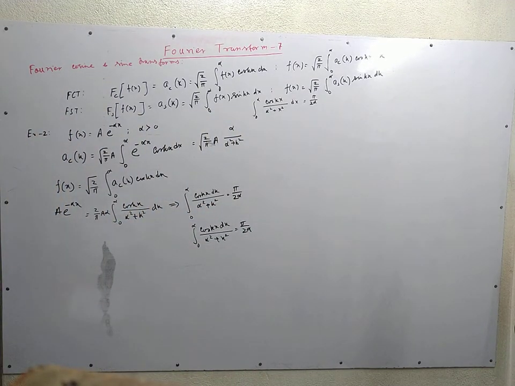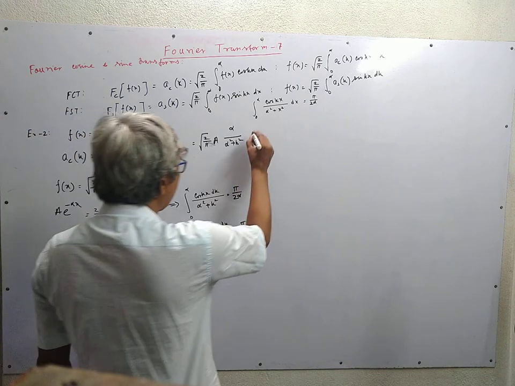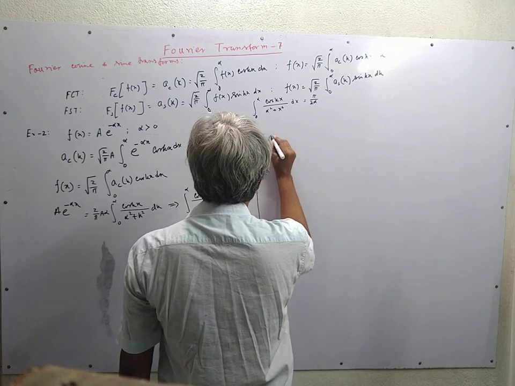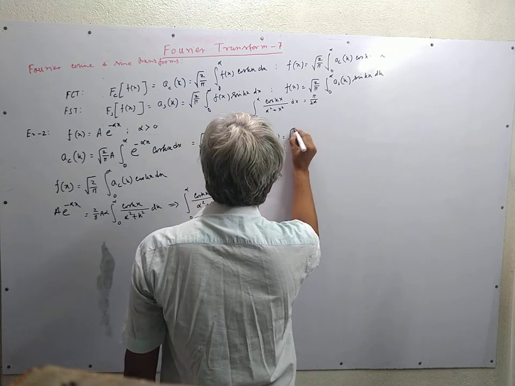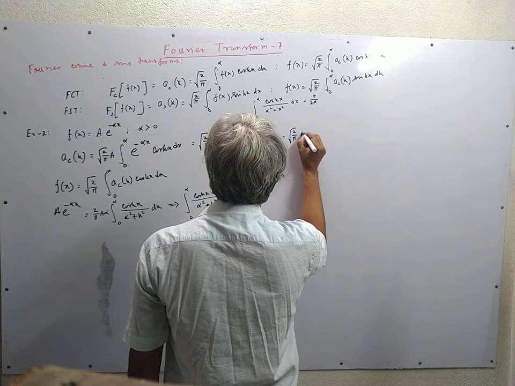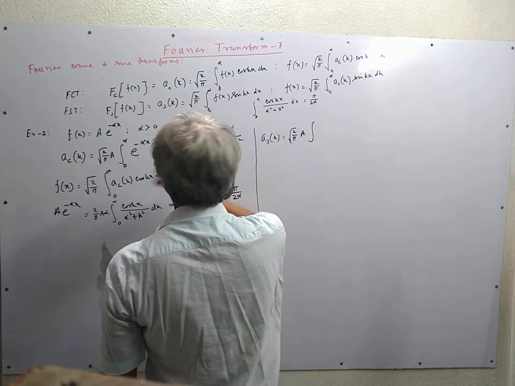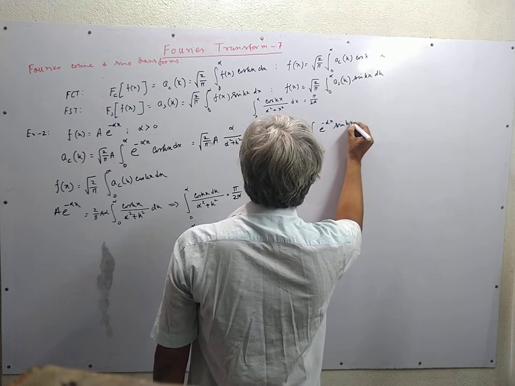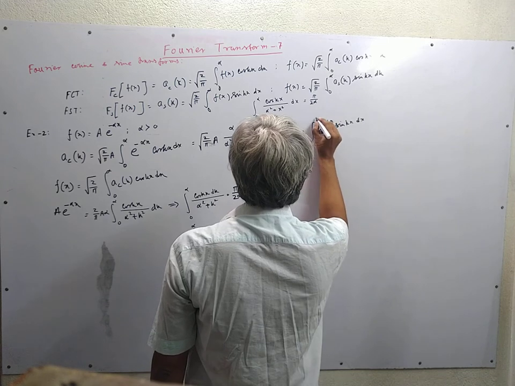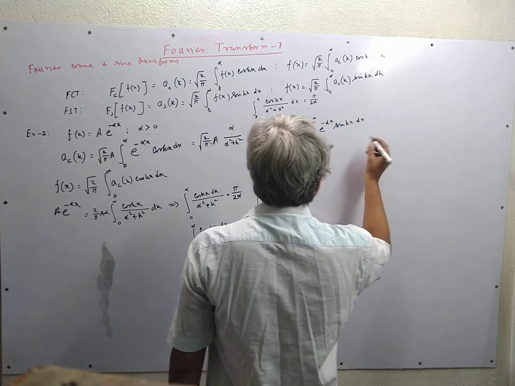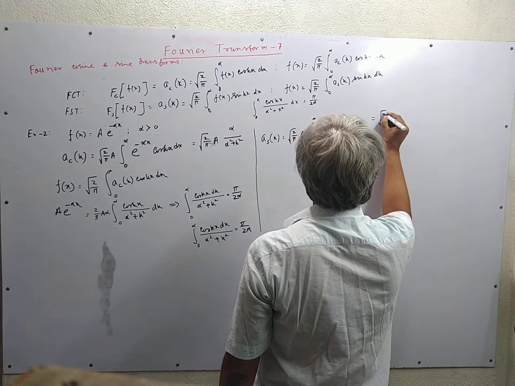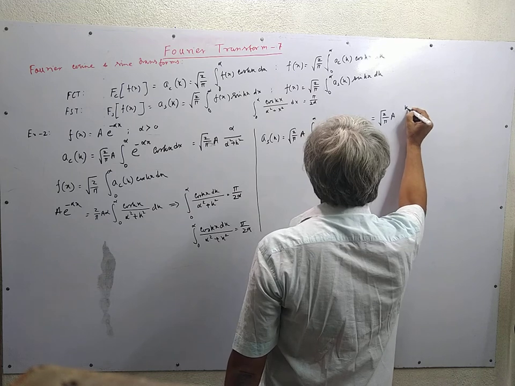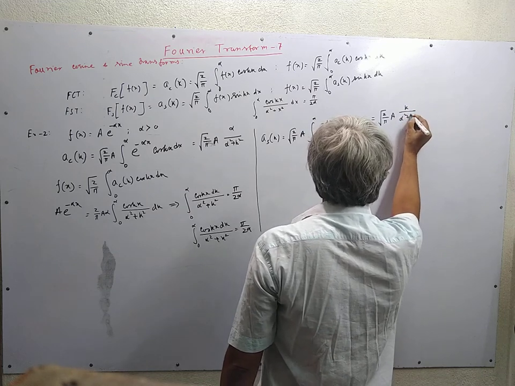And if we find the sine transform, the sine transform is thus: A_S of k is equal to root 2 by pi, integral of e to the power minus alpha x sine of kx dx from 0 to infinity. And if we use our standard result, it is root 2 by pi a k upon alpha square plus k square.